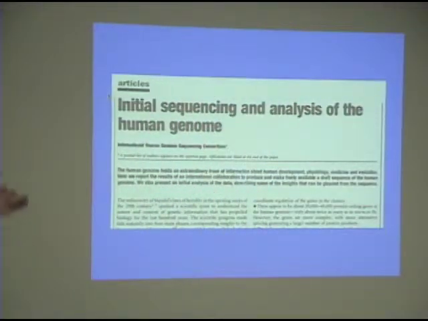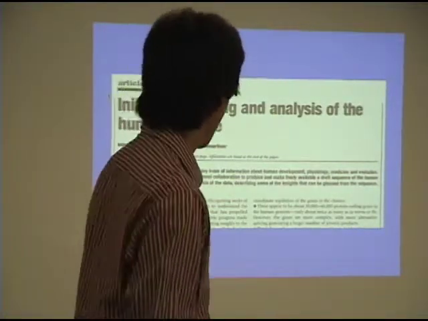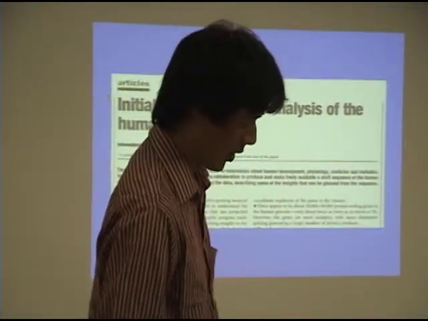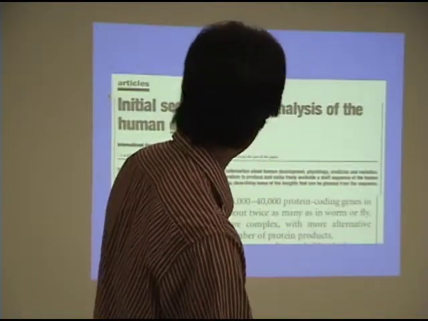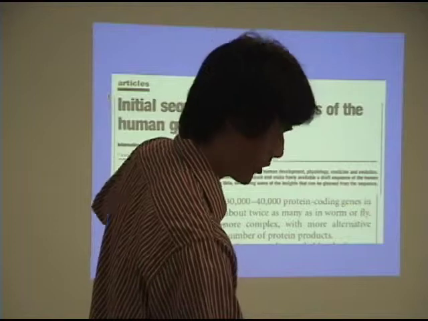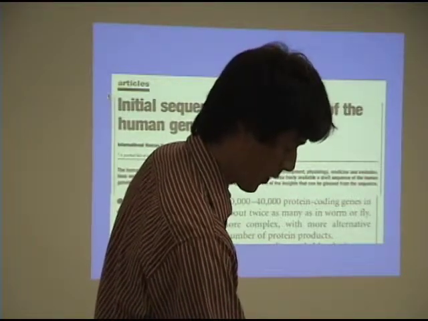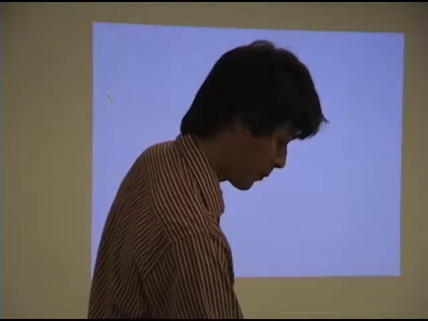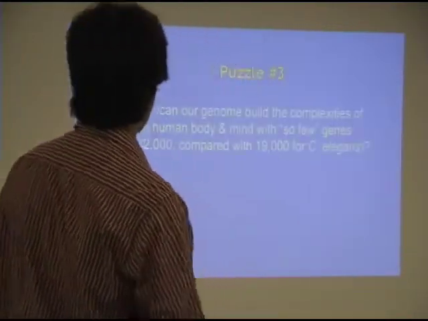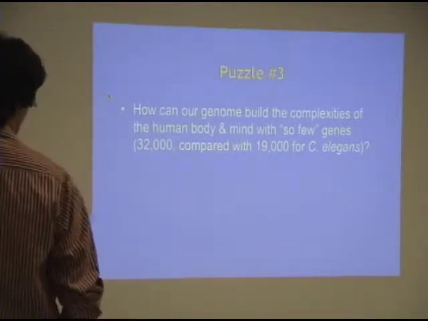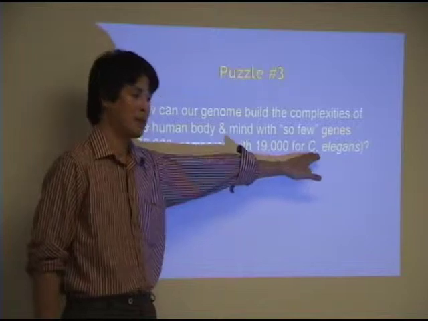So another example of the need for bioinformatics arises from the sequencing of the human genome. And as I mentioned, a relatively low number of genes was finally determined from this. And this in itself raises another kind of puzzle, which is that, here we have a tiny little nematode worm.